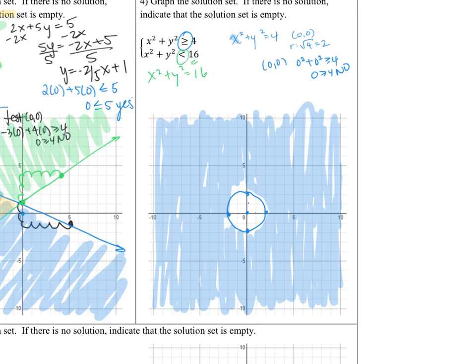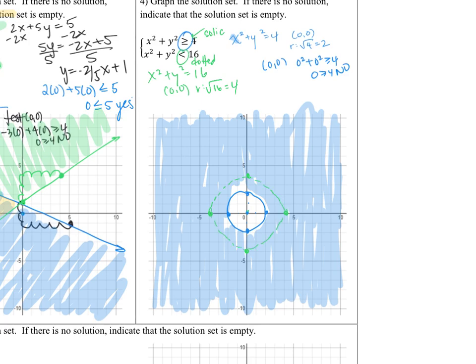This time we are dotted compared to the solid line that we just drew. And that's a circle at 0, 0 with radius square root of 16, which is 4. So at 0, 0, we're going to go up 4, right 4, down 4, and left 4. And that's a dotted line.